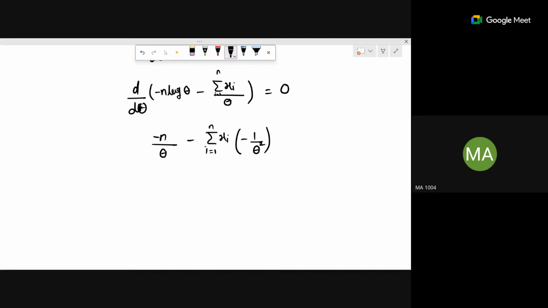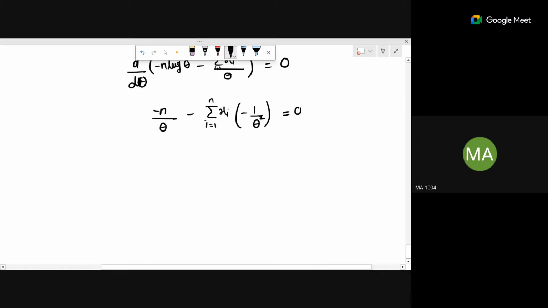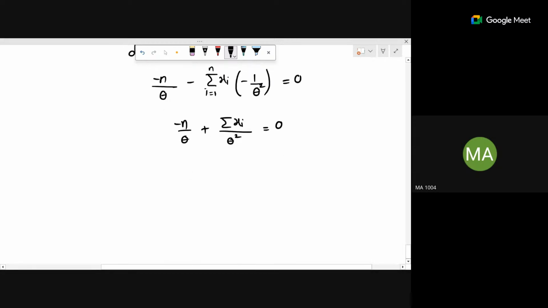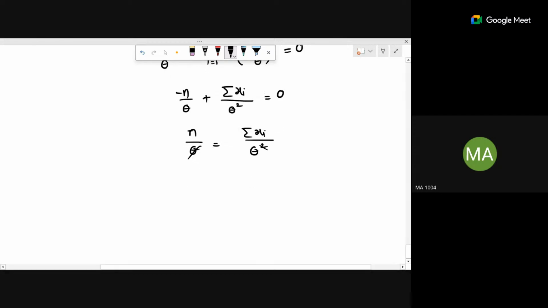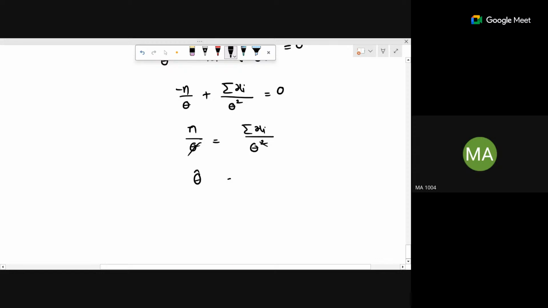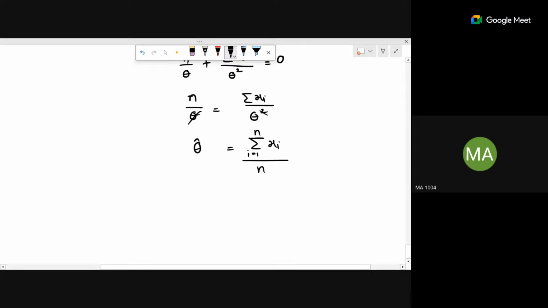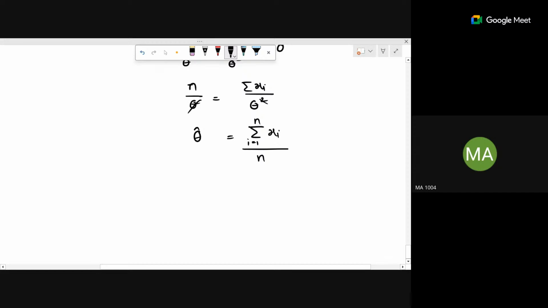Equating to 0, minus minus plus, so it is minus n by theta plus summation of xi upon theta square equals 0. Once we solve it, n by theta is equal to summation of xi upon theta square. That gives us theta hat equal to the summation from i equal to 1 to n of xi upon n. That's it.